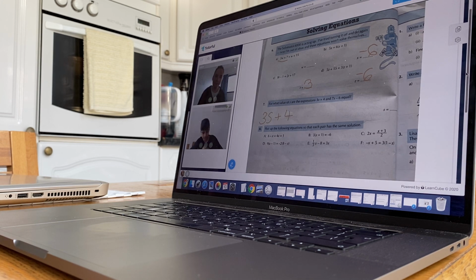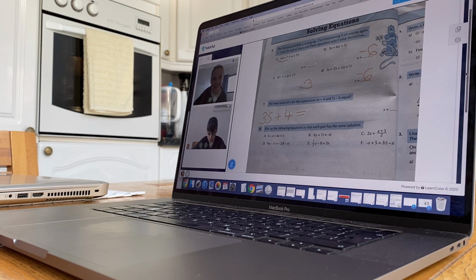The expressions need to be equal. 3s plus 4 equals, so we're going to change it into an equation.